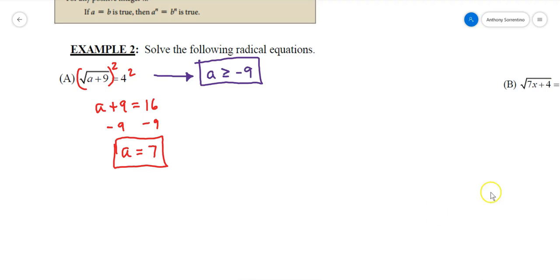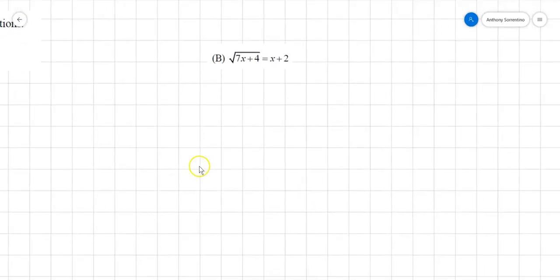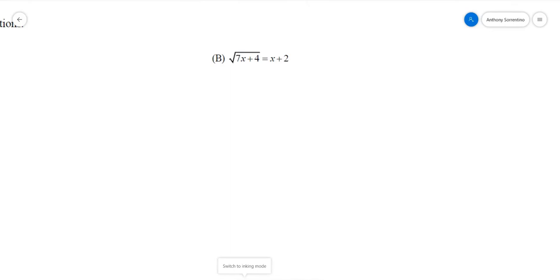Case in point, the square root of 7x plus 4 equals x plus 2. Now I have an x that's not underneath of a radical, and I have an x that is underneath of a radical. I can't combine them in any way. I can't subtract x from both sides and combine it with what's under here, because all of this is basically assumed to be under a grouping symbol.